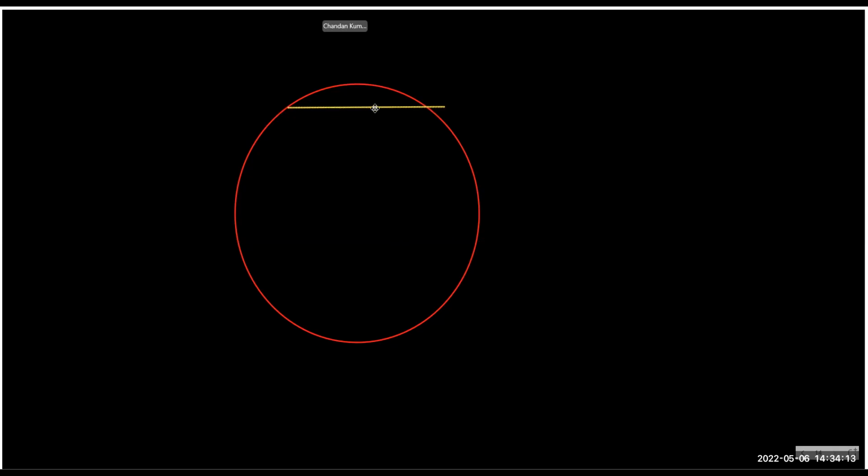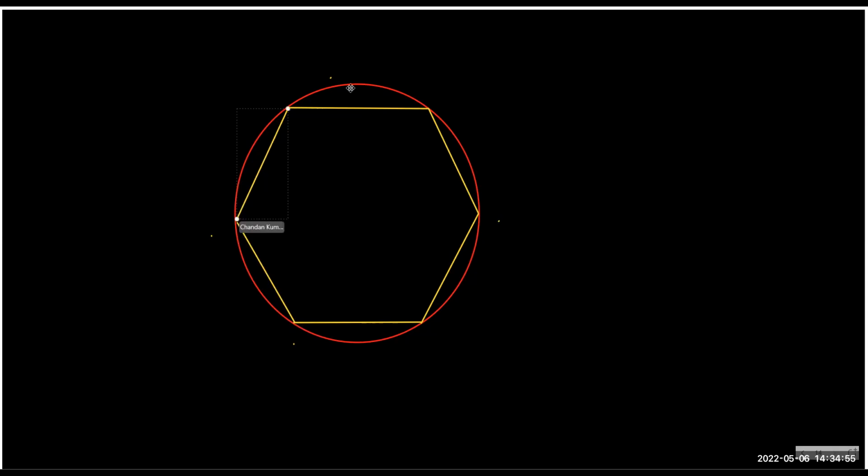Hopefully this should be the right shape. I cannot draw the exact diagram, but you can understand this.